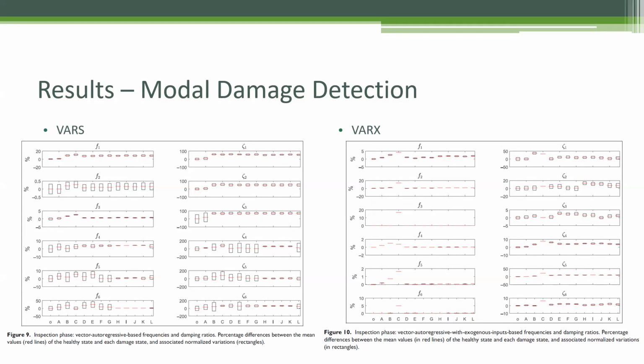For the modal damage detection results, figures 9 and 10 showed that the sensitivity of the vibration modes to a given damage type highly varies and that no single mode, frequency, or damping ratio may serve for detecting all damage types. For mode 1, the VAR models successfully detected damage in both frequencies and damping ratios, with the exception of type A. In modes 2 and 3, the VAR models better predicted damage types with the damping ratios.